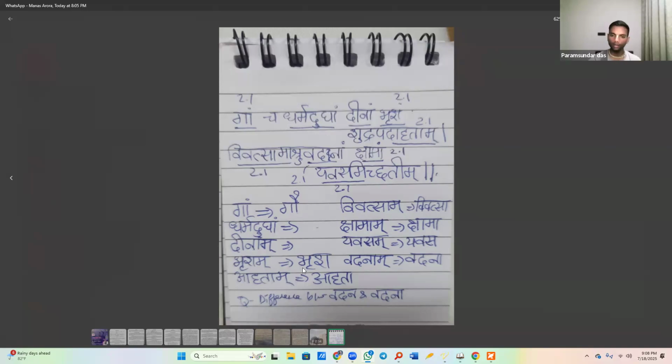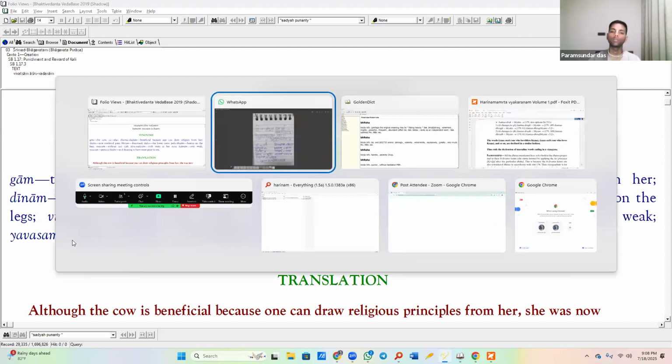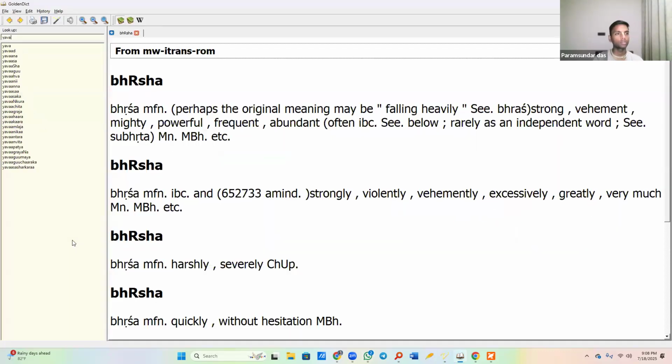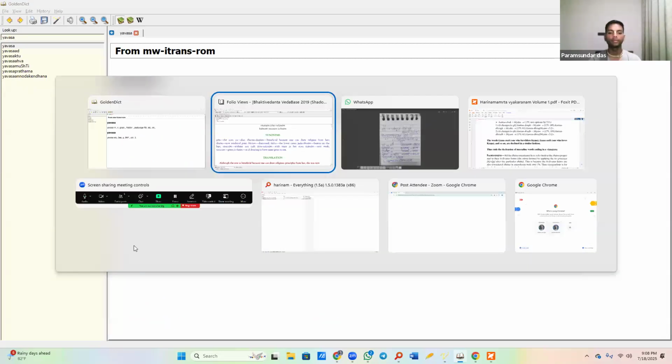Ahatam is ahata. Vivatsam would be Vivatsa. Ashruvadanam would be Ashruvadana. And Yavasam would be Yavasa. Because it's neuter, Brahmaling. What is the word, Yavasa or Yavas? Yeah, it is Yavasa.